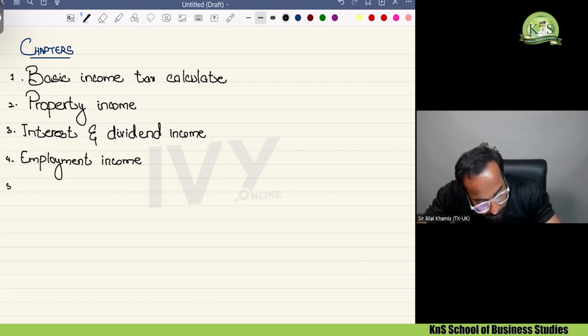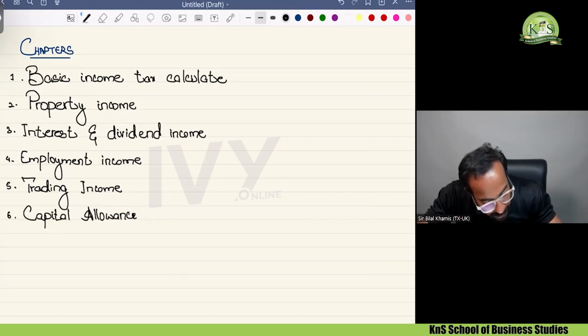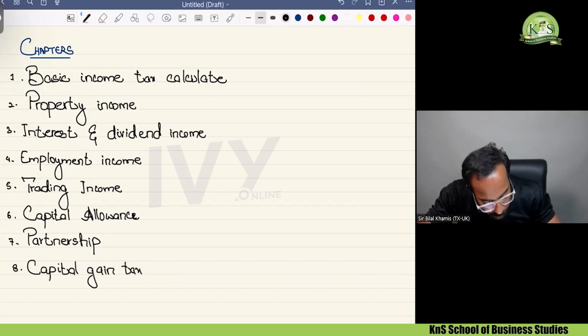Then trading income. Then capital allowance. Then partnership. Then capital gains tax for individuals.